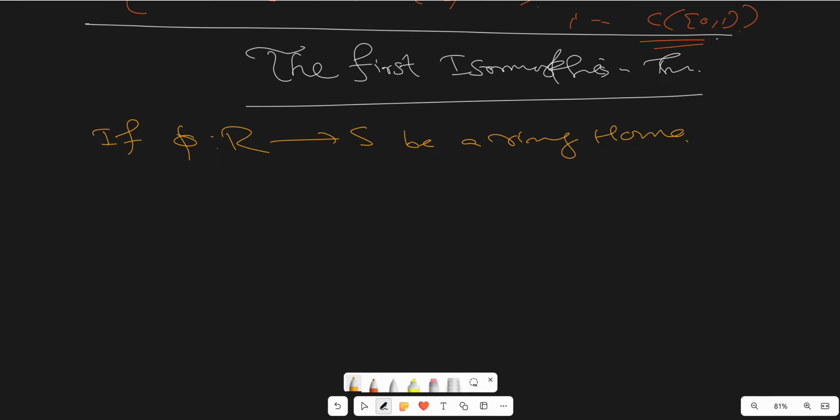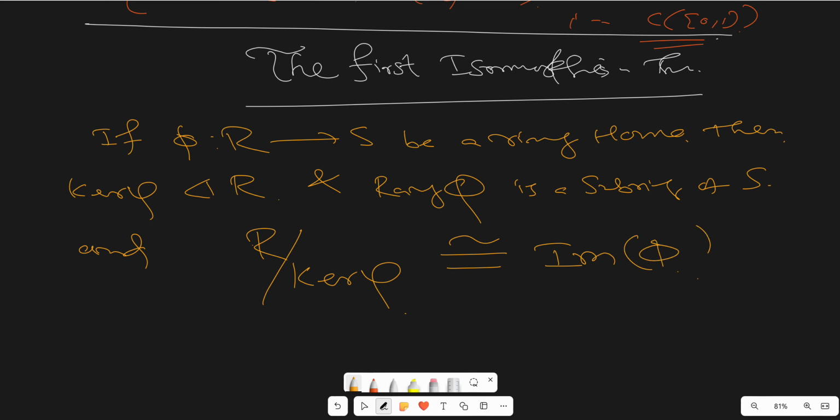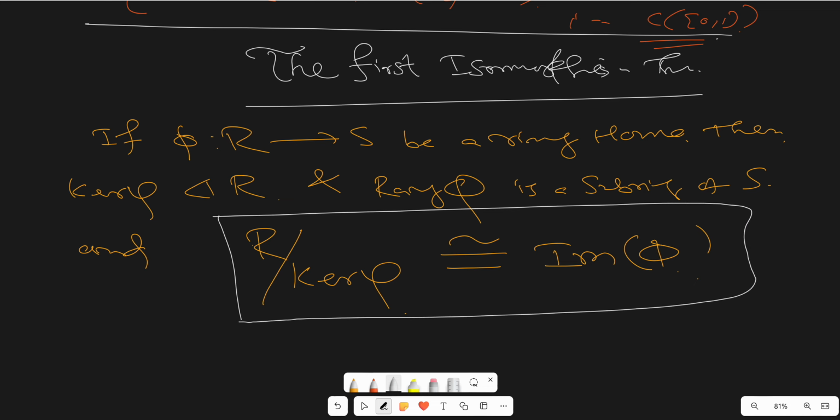Then first of all, kernel phi is an ideal of R, and range phi is a subring of S, and the theorem says that R mod kernel phi is isomorphic to image of phi. This is called the first isomorphism theorem.